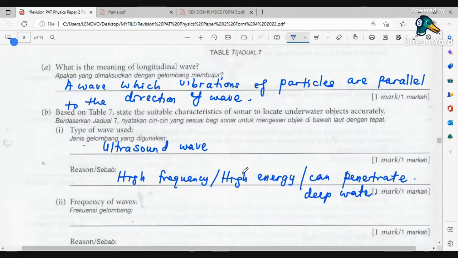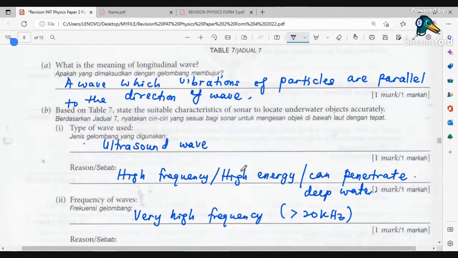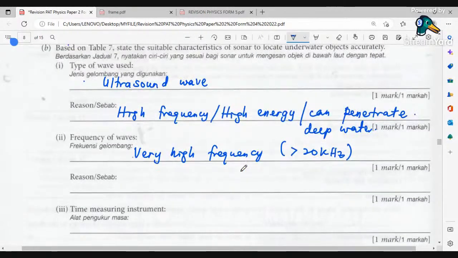Okay, frequency of waves, very high frequency. Okay, means more than 20 kilohertz. Okay, reason.